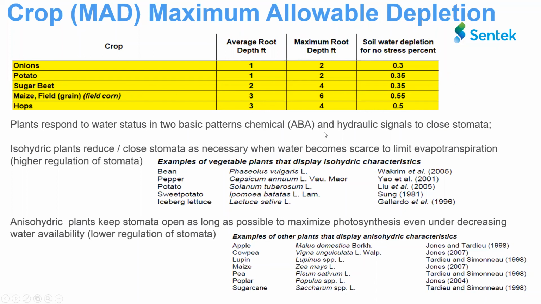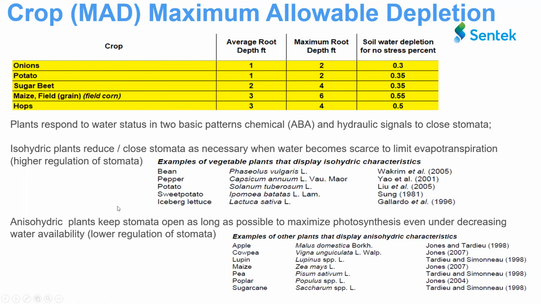And between those two, you can separate plants into what we call isohydric plants, right? Where they immediately close their stomata when water becomes scarce to limit evapotranspiration, right? And then you can see that potatoes actually respond pretty well into shutting down their stomata, even though the threshold is pretty low, but they're aware of it and they close down pretty fast, right? Beans, potatoes, sweet potatoes.